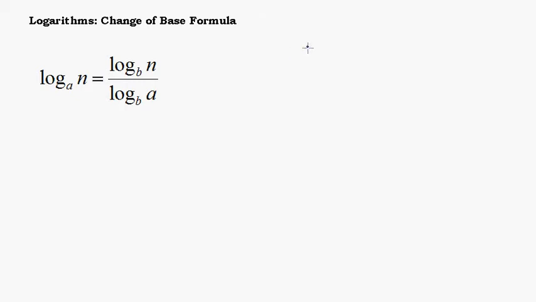Alright, so a specific example, let's say we are asked to find the log base 2 of 18. Well, the first inclination might be, let's just punch it in on our calculator. Any calculator that I've seen is going to have two different logs. It has a log button, which is base 10, called your common log.